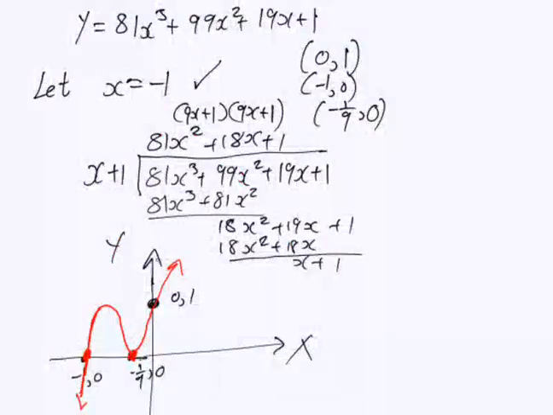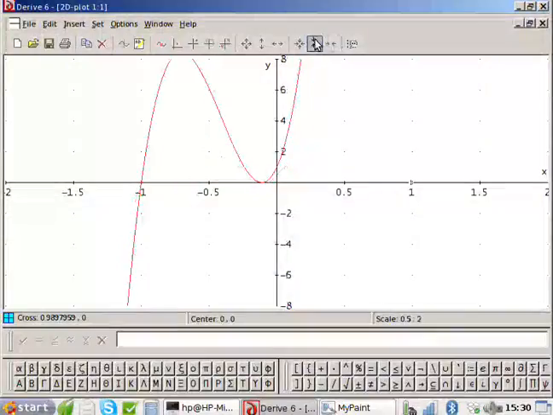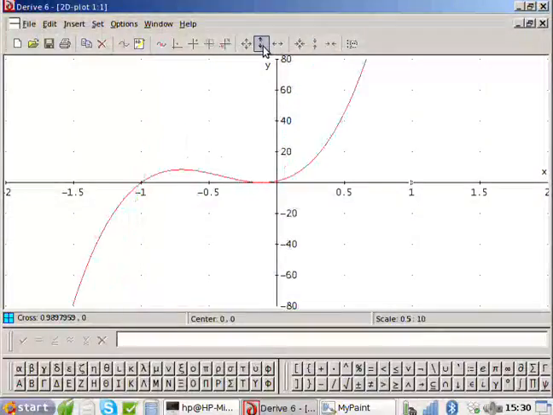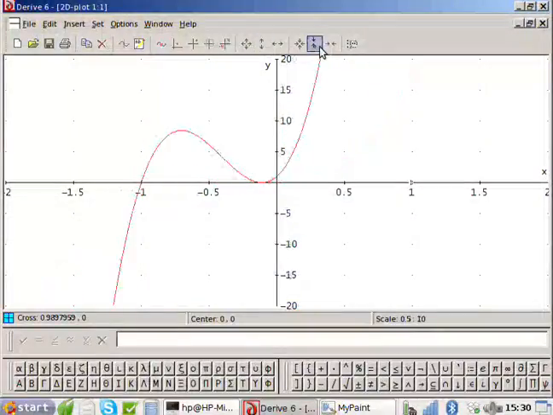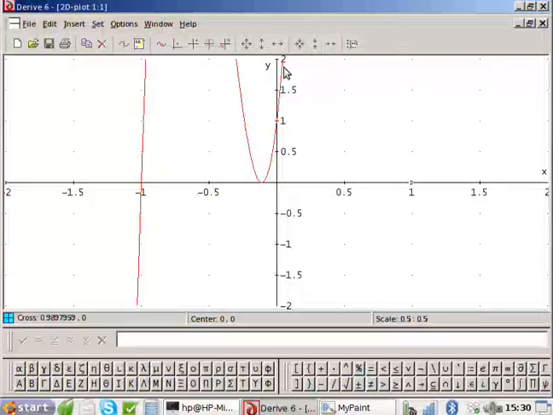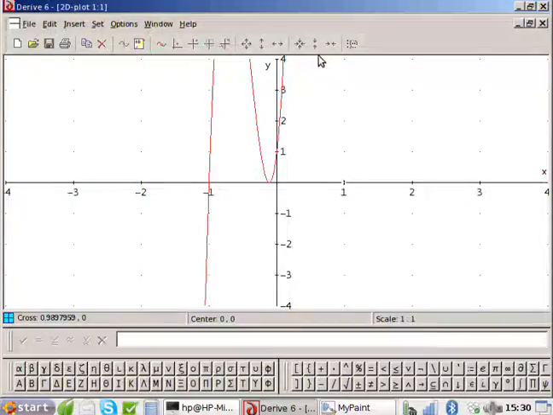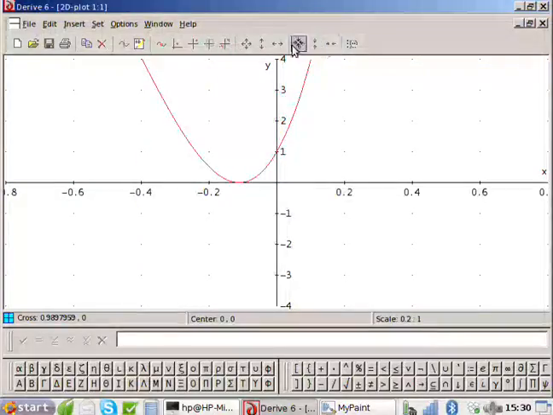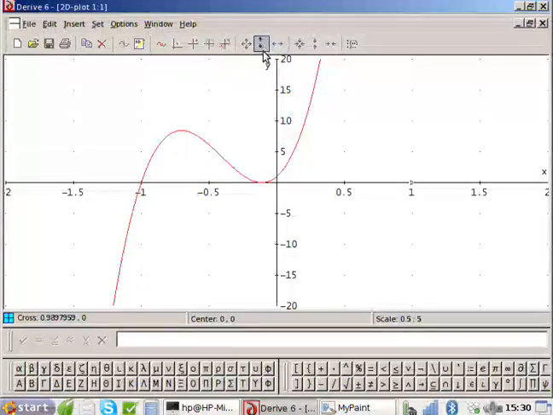I subtract, that's 18x squared, plus 18x, that's 19x, and the 1 comes down. 18x squared plus 18x. I subtract and I'm left with x plus 1, so what's the last one here?